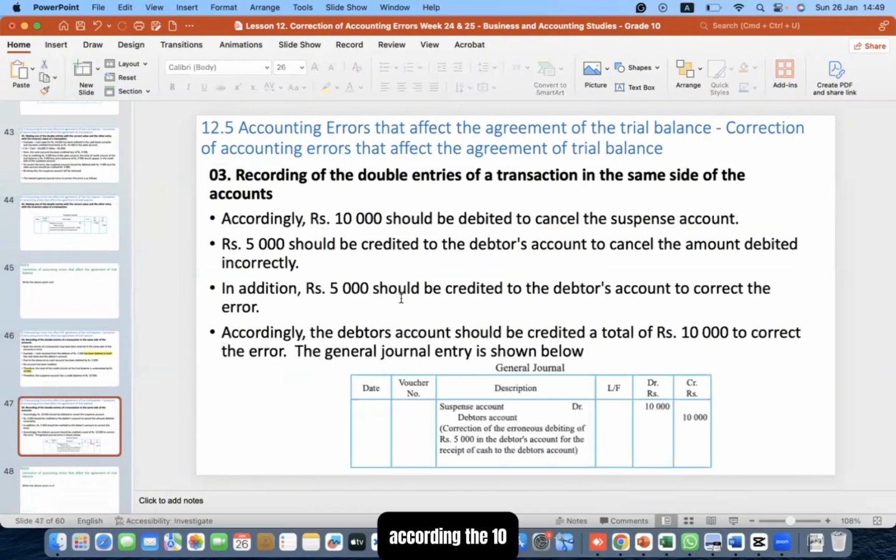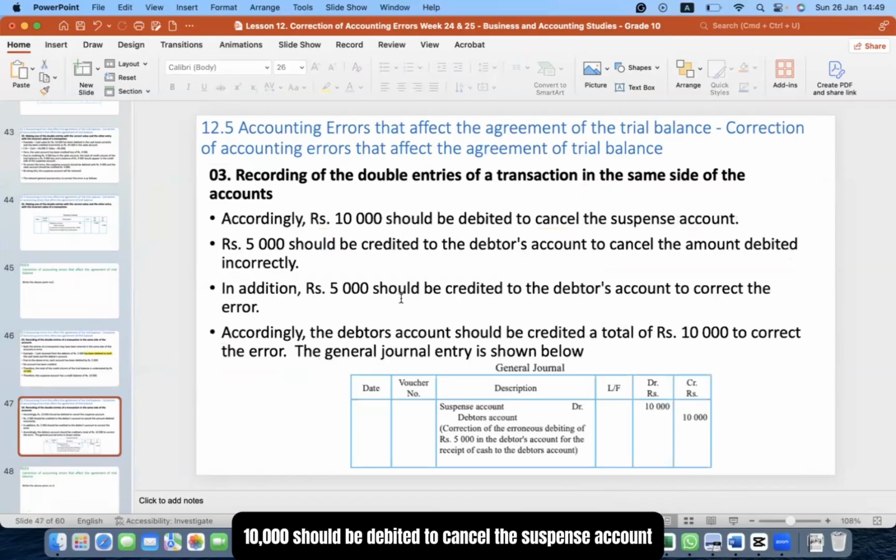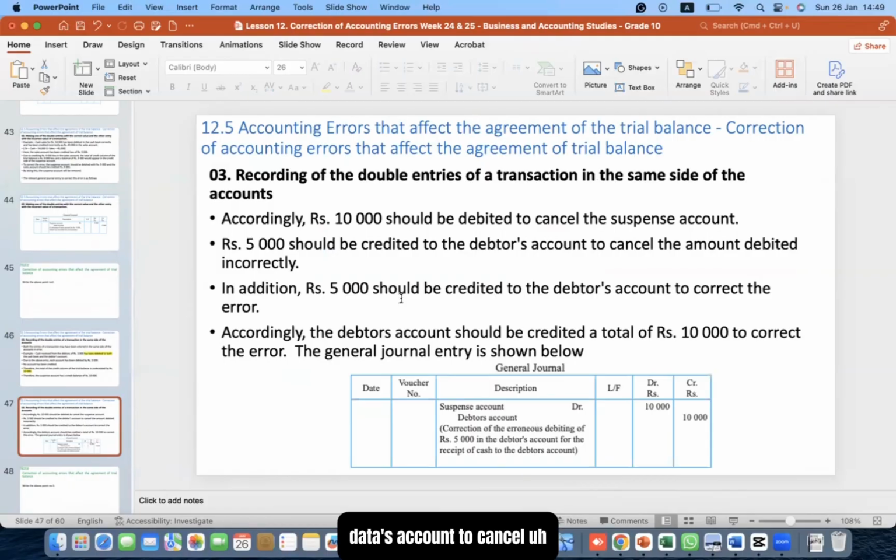Accordingly, 10,000 should be debited to cancel the suspense account. And then 5,000 should be credited to the debtors account to cancel the amount debited incorrectly. In addition, 5,000 should be credited to the debtors account to correct the error.